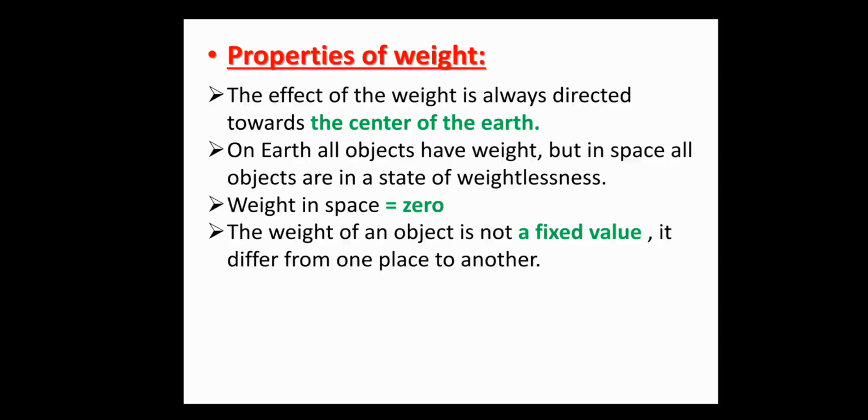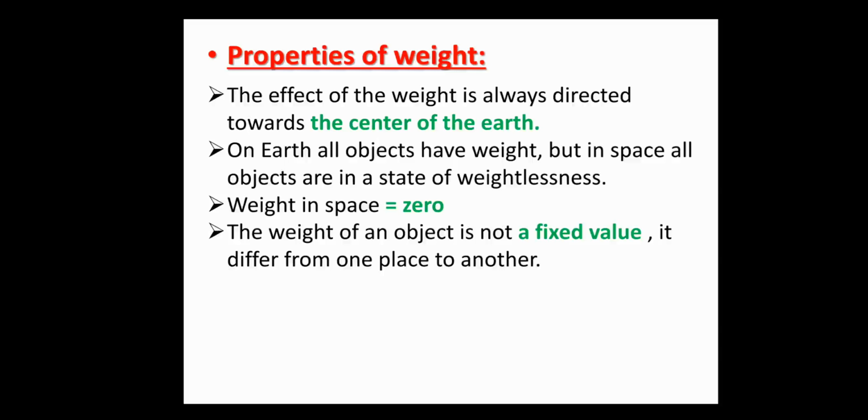So the properties of weight: the effect of the weight is always directed to the center of the earth. On the earth, all objects have weight, but in space, there is no gravitational force, so the weight equals 0.